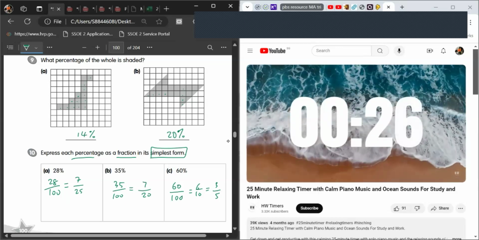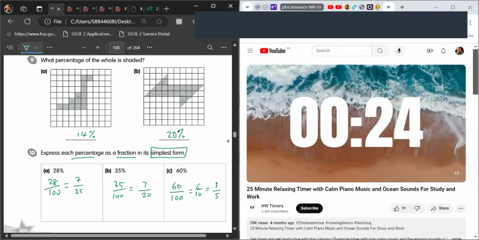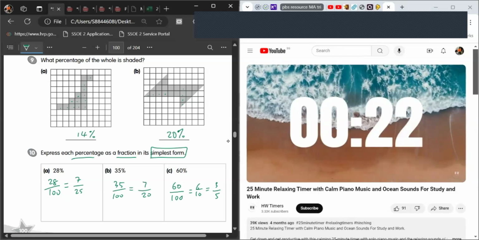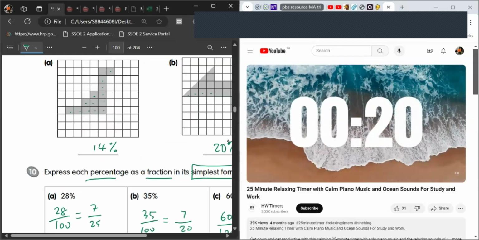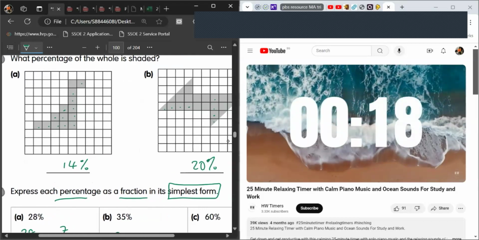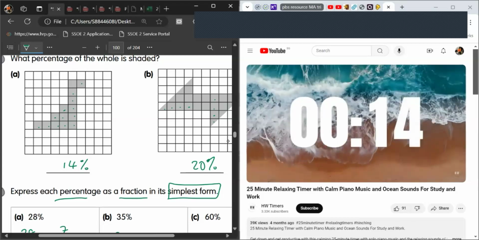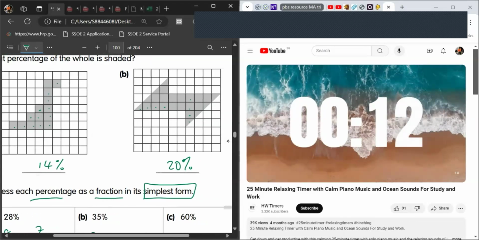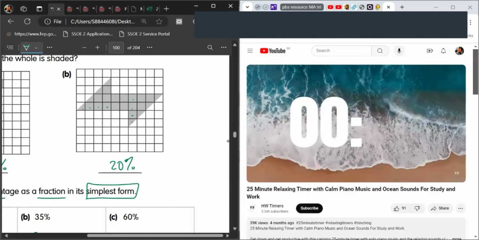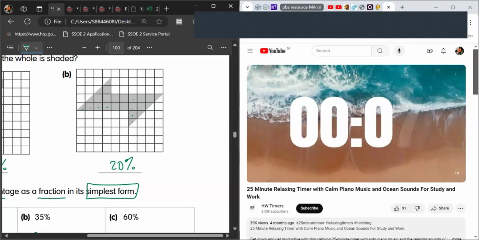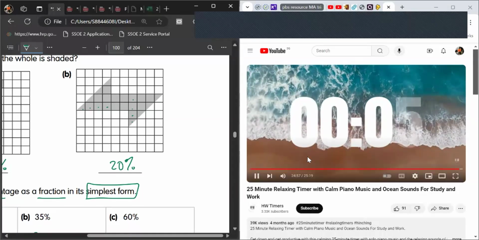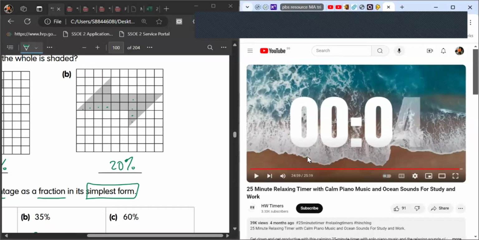On question 9A, you can see that I dotted every square, I counted to 14. Is that correct? But then on question B, you notice that I only dotted some squares and then I got to 20 already. What is the shortcut that I used for this question?